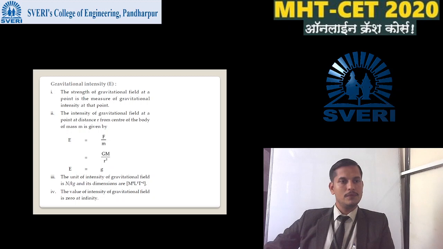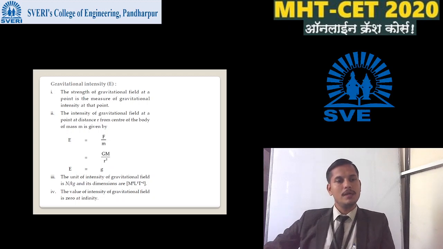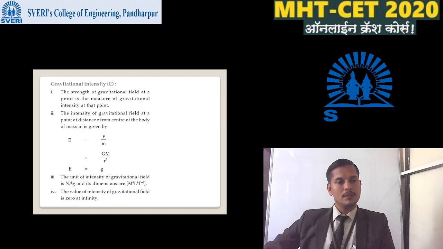If the intensity of gravitational field at a particular point at a distance r from the center of the body, if we consider mass as small m, then it is given by capital E is equal to F by m. After solving, we are getting E is equal to G M by r square. The unit is given with dimensions, and the last point is the value of intensity of gravitational field is 0 at infinity.